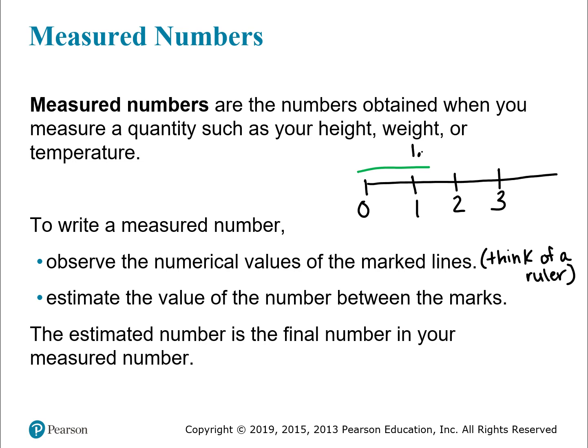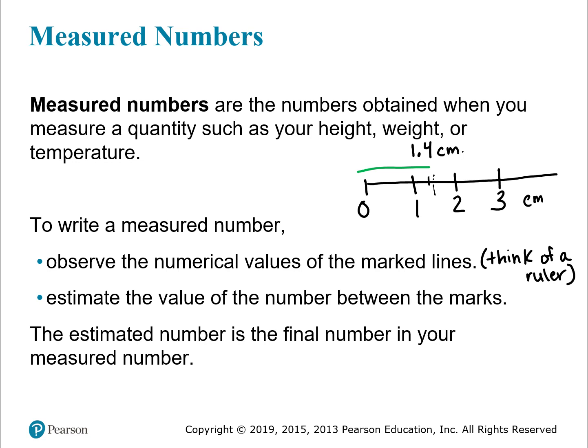And then I have to estimate between 1 and 2, kind of between these two lines to get my last digit. So that's about here. I'd say halfway is about maybe there. So maybe it's 1.4, and we'll call this centimeters, even though it's bigger than a centimeter, I could tell.